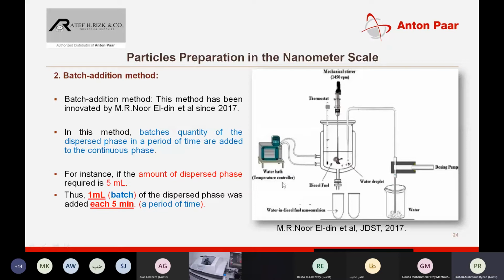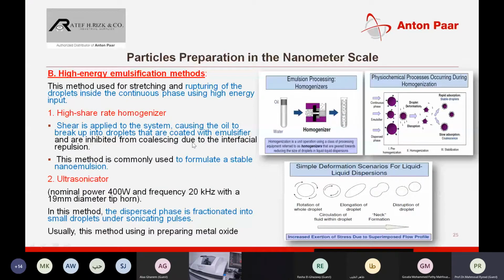The second subclass is the high energy emulsification method. This method is used for stretching or rupturing the droplets inside the continuous phase using high energy input. There are two devices used in this technique.